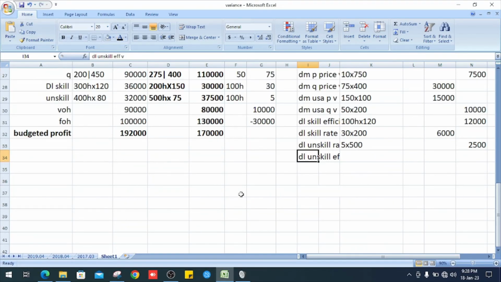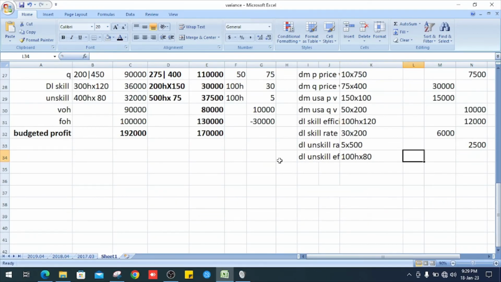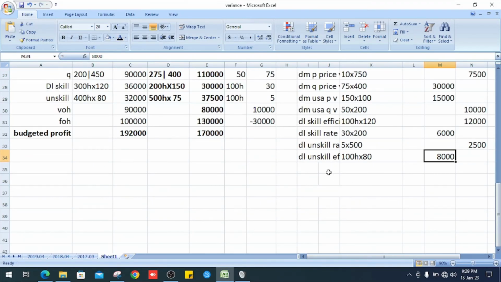Direct labor unskilled efficiency variance is 100 hours into 80, which is 8,000.